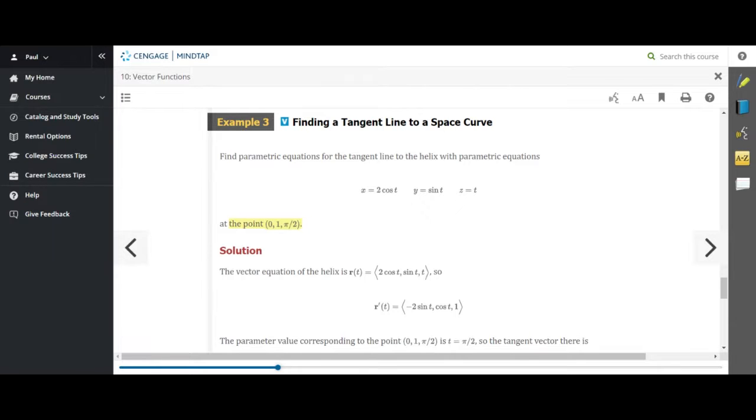So what aren't they giving you here in example 3 that you need? In order to find the tangent line to this helix at a particular point, what do we need to know about the point in regards to our helix?